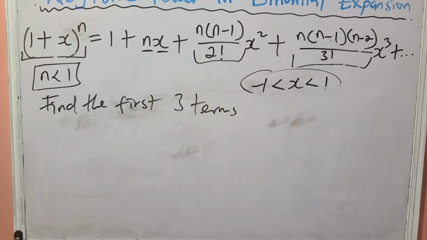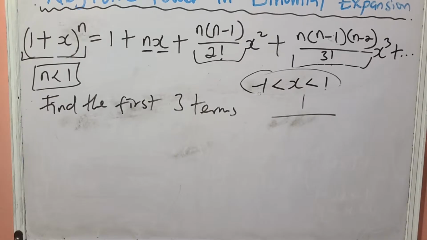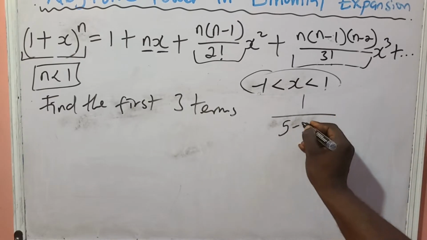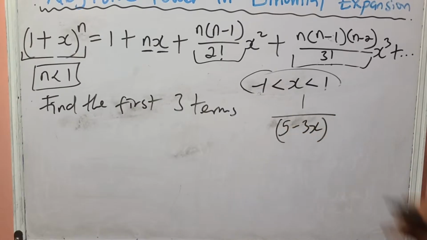And this is the expansion we're dealing with. Look at what you are given: 1 over (5 minus 3x) raised to power 4. This is the question you are given. You have to find the first 3 terms.